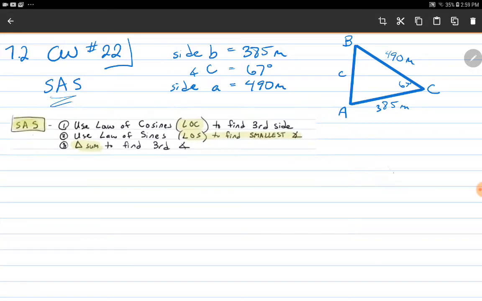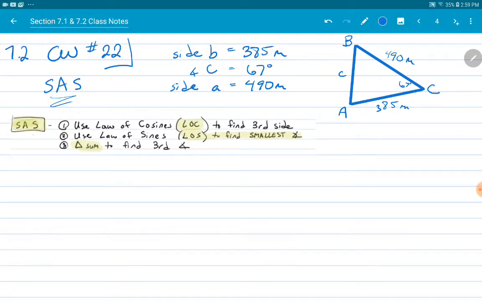So I'm using the law of cosines because we can't use law of sines on this triangle. I will have too many unknowns and I won't have a ratio. So with the law of cosines, I need to find the third side first, little c.